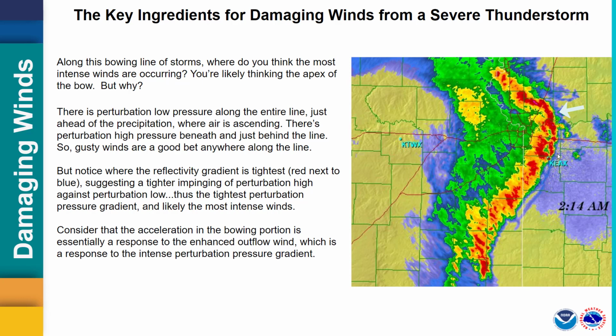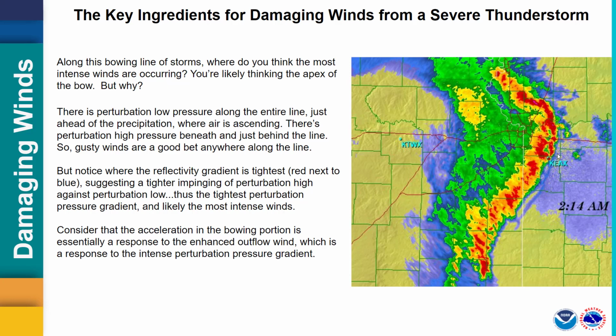There's perturbation high pressure beneath and just behind the line, so gusty winds are a good bet anywhere along the line. But notice where the reflectivity gradient is tightest, where you have red color right next to blue, suggesting a tighter impinging of perturbation high against perturbation low, thus the tightest perturbation pressure gradient and likely the most intense winds.